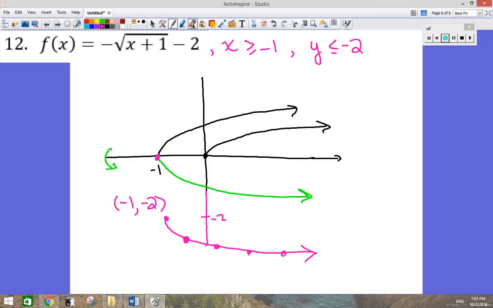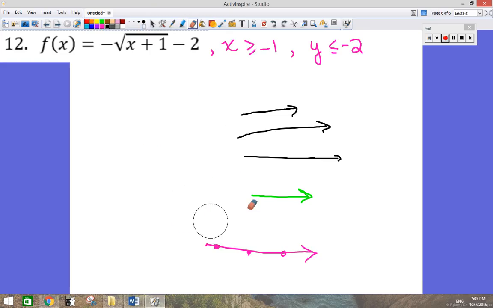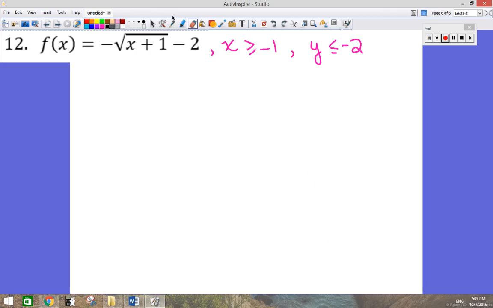Now, I'm going to erase my sketches here. And I'm going to not use function notation for a few minutes. I'm going to use x and y. So I'm just going to make this a y.